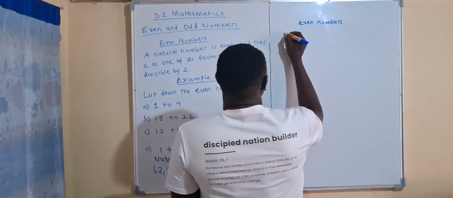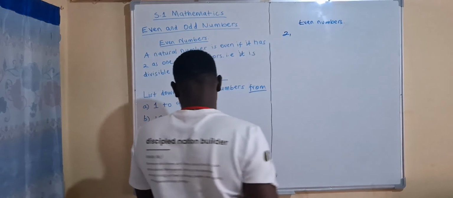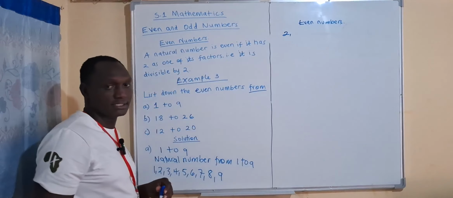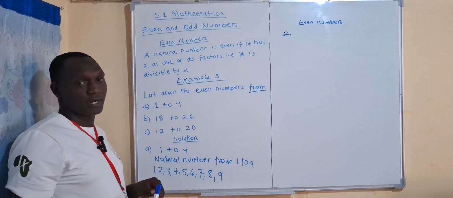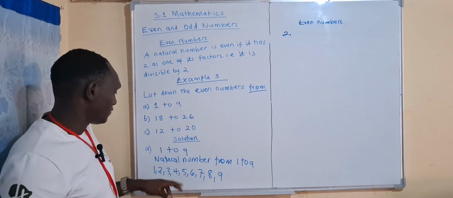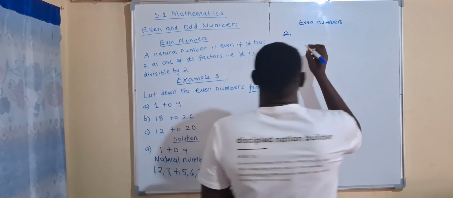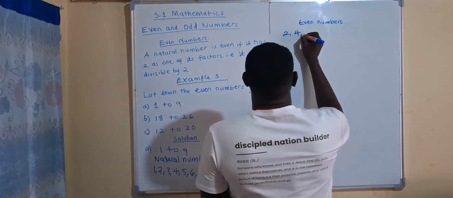So 2 is an even number. 3 is not even because 3 divided by 2, we get 1, and the remainder is 1. 4 divided by 2, yes, 4 is an even number because we get 2 and the remainder is 0.